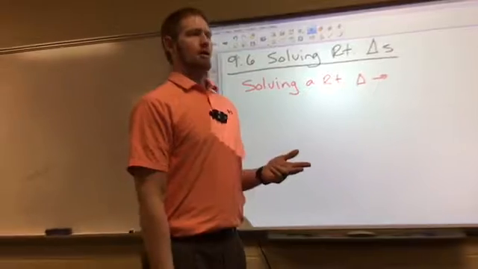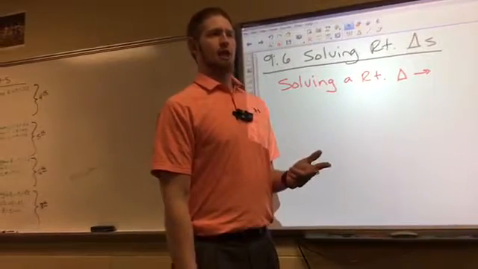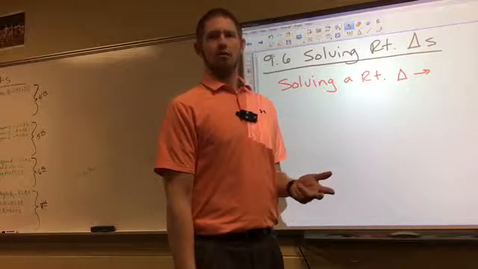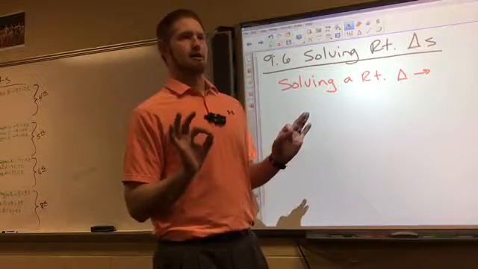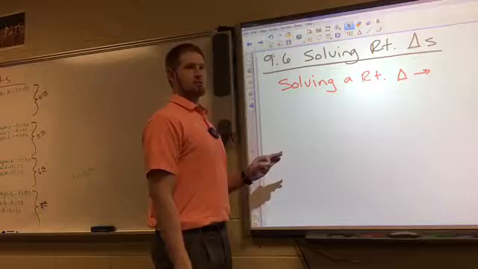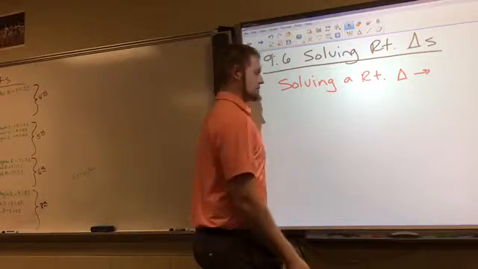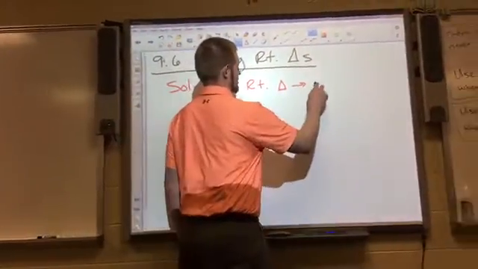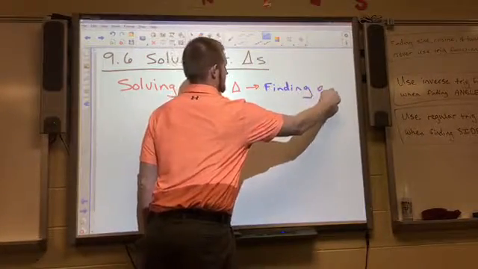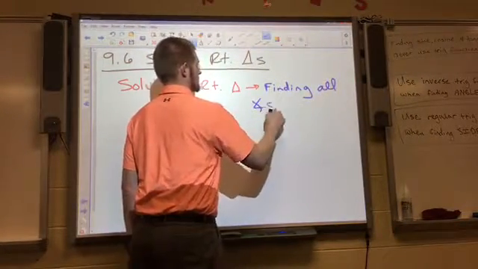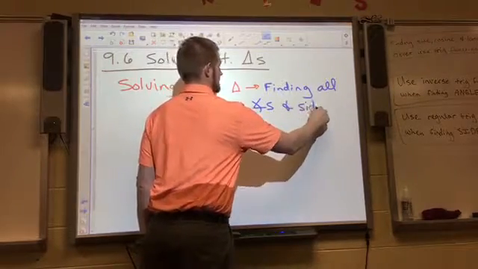Or a right triangle. Okay, so how many answers are you going to have when they ask you to solve a right triangle? 6. You're going to have 3 angles and you're going to have 3 sides, right? Okay, so when they ask you to solve a right triangle, you need to find all 3 angles and all 3 sides.